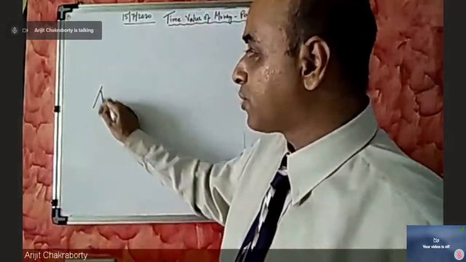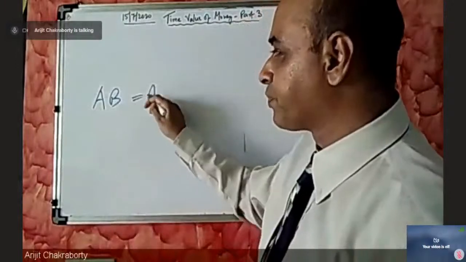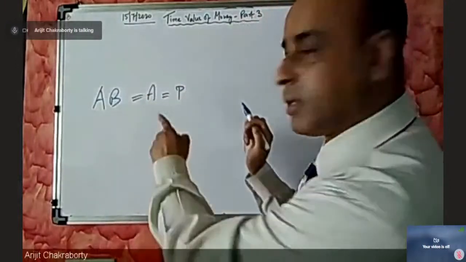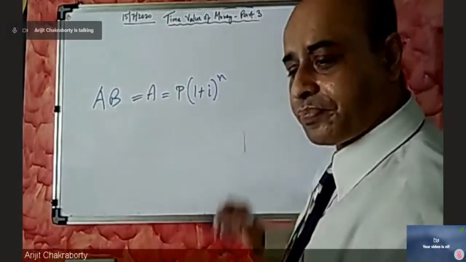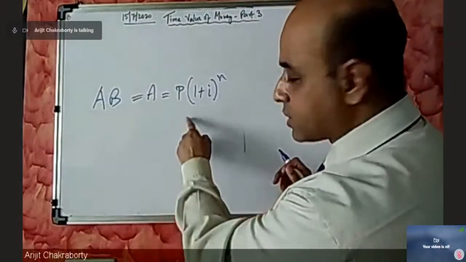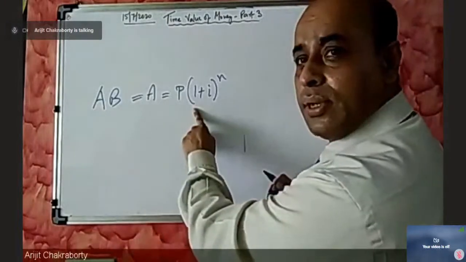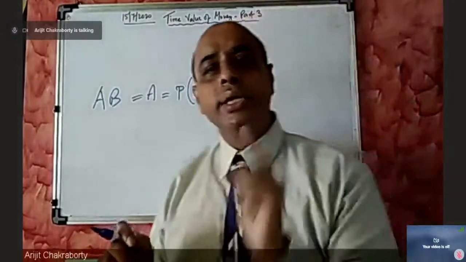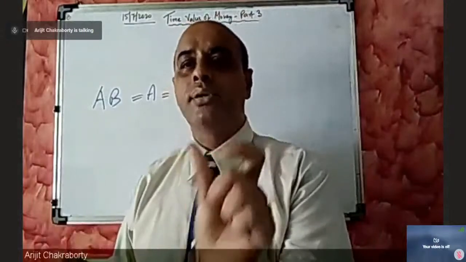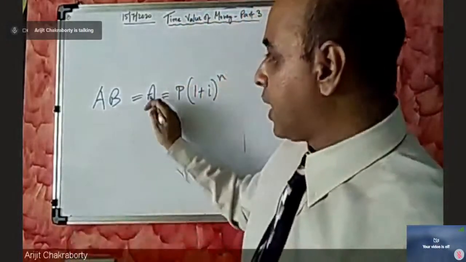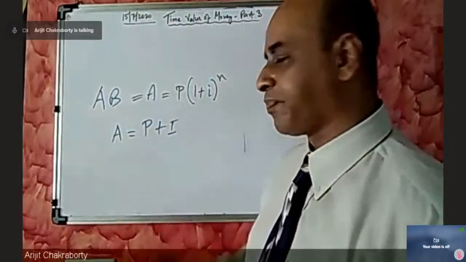Okay. Now, the question which Anupam has raised is what is the formula for interest? We know in case of compound interest, the accumulated balance or the amount is equal to P, which is the principal, into (1 + i)^n. So we know that this is basically the formula for amount. Okay? But I want to find out the interest. As Anupam has said, what is the formula to get the compound interest only? You know that this amount A is nothing but principal plus interest.